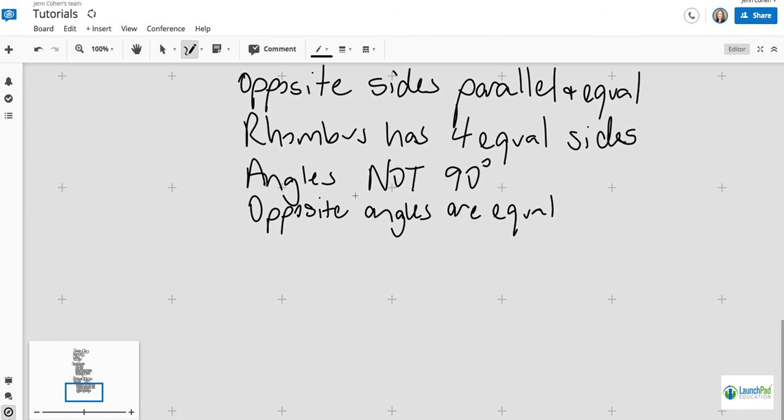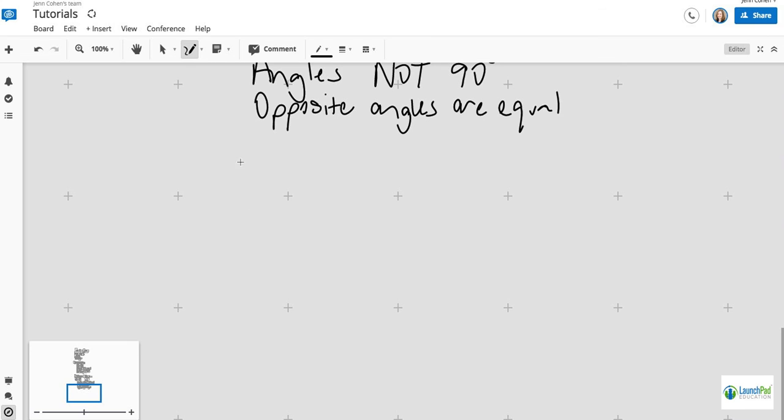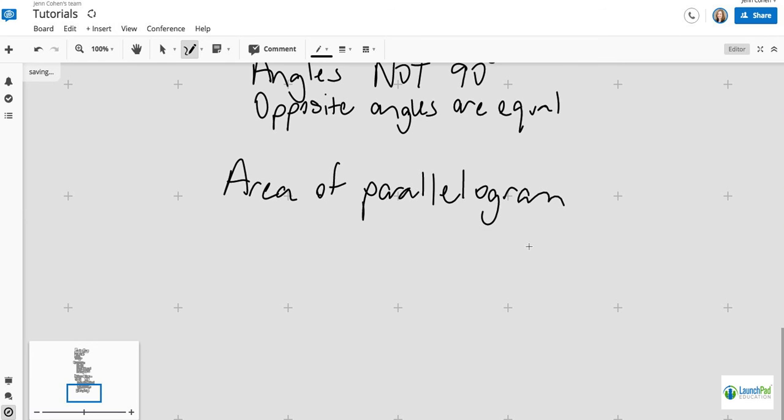The way to find the area of a parallelogram or rhombus. Let me go back there. It's not what I wanted to say. You'll do this slightly the same as a rectangle or square, but also slightly not, and there is one little tricky part.